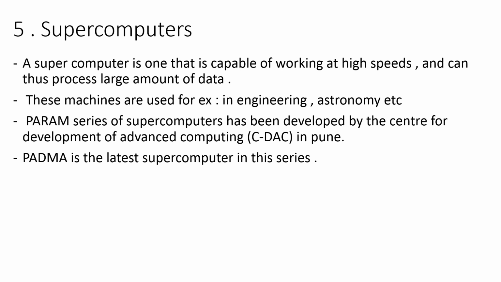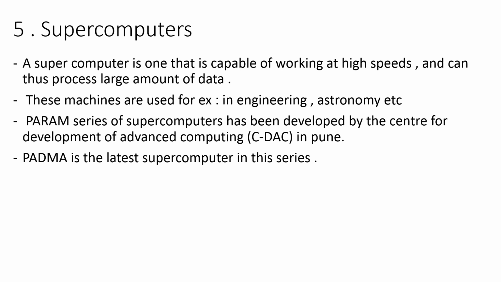Now the next type that we have studied is the microcomputer. A microcomputer is a computer system that uses a microprocessor as its processing unit. They are placed on the desk to develop a good coordination between a user and the computer.